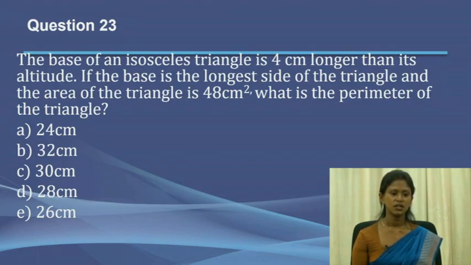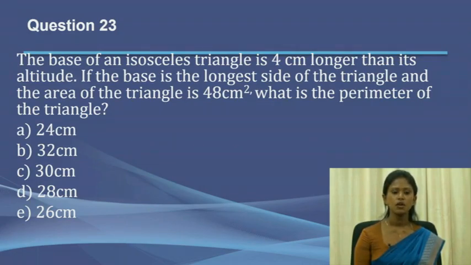In this question, they are asking: the base of the isosceles triangle is 4 cm longer than its altitude. If the base is the longest side of the triangle and the area of the triangle is 48 square centimeters, what is the perimeter of the triangle?